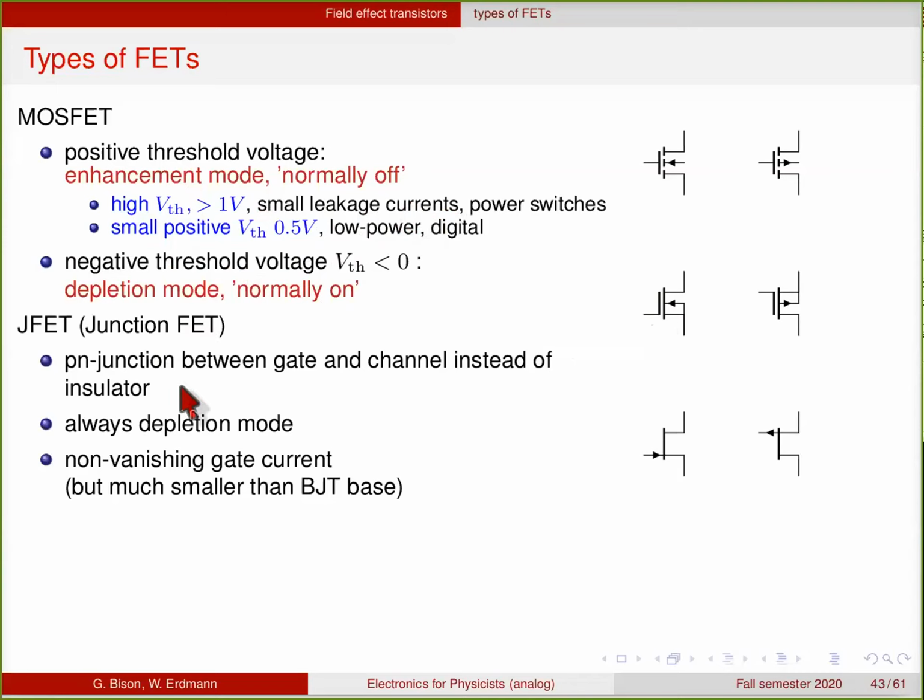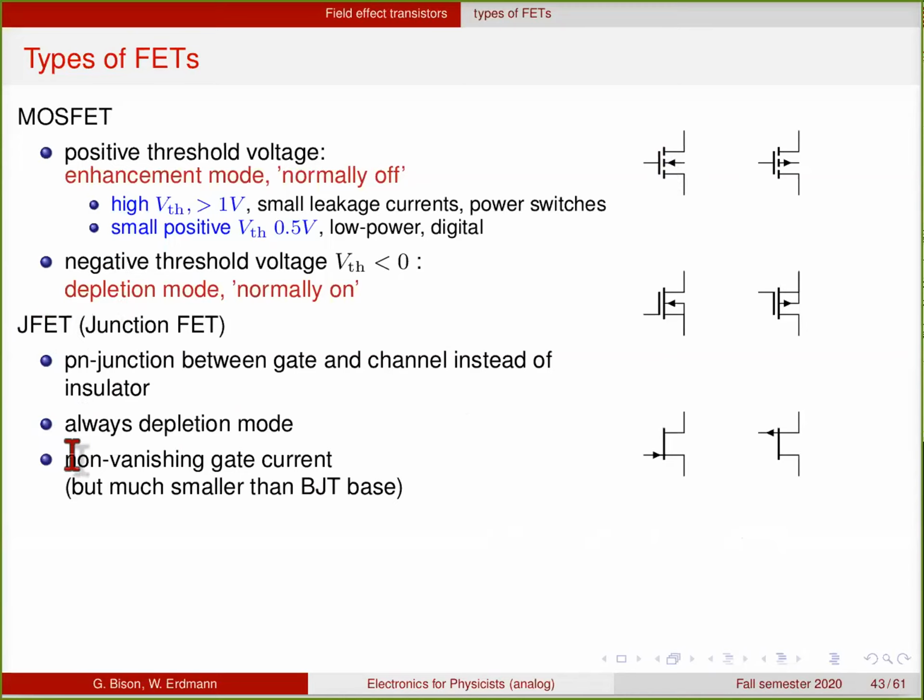There's yet another type of field effect transistor, which is called the junction FET or a JFET, where the gate is not formed with a metal layer and an insulator, but a PN junction instead. So these are always in depletion mode, so there you always need to do something to switch them off.